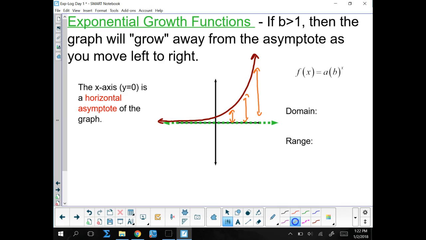If I was working right to left, it would be getting closer to it. But it's getting away from it, so it's an exponential growth function. My domain here is all real numbers. There are no vertical asymptotes. There's no restrictions in my function. My range, that's the y values that I can get out of this, is y is greater than 0.